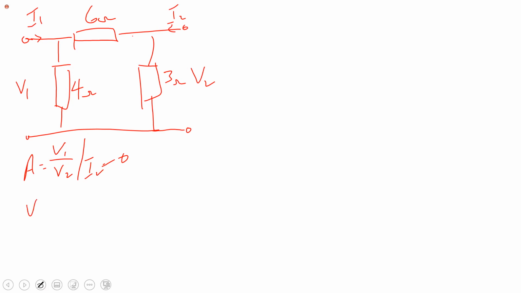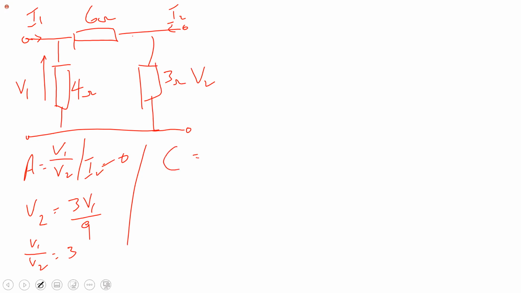So V2 is equal to 3 V1 over 9, because V1 would be seen across the 4. So it means that it's being divided between the 6 and the 3, which are in series. So V1 over V2 is equal to 3.